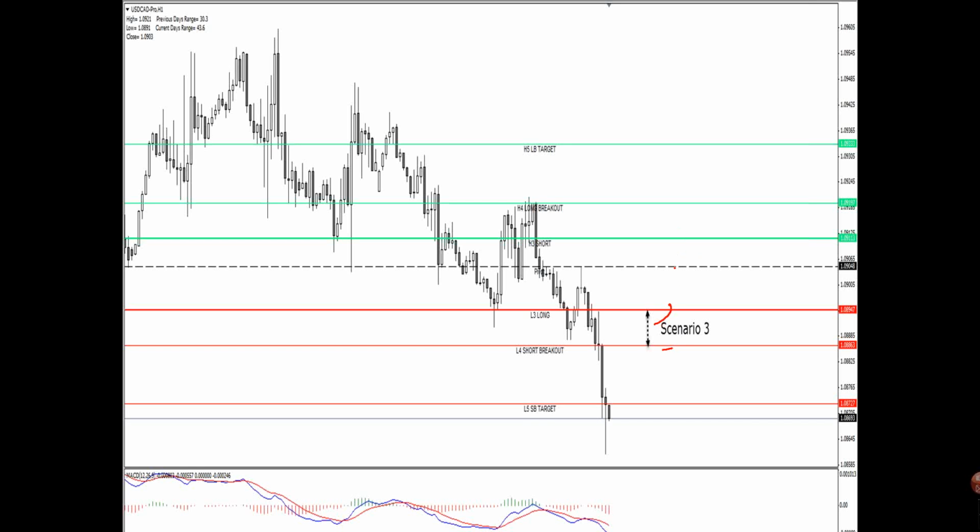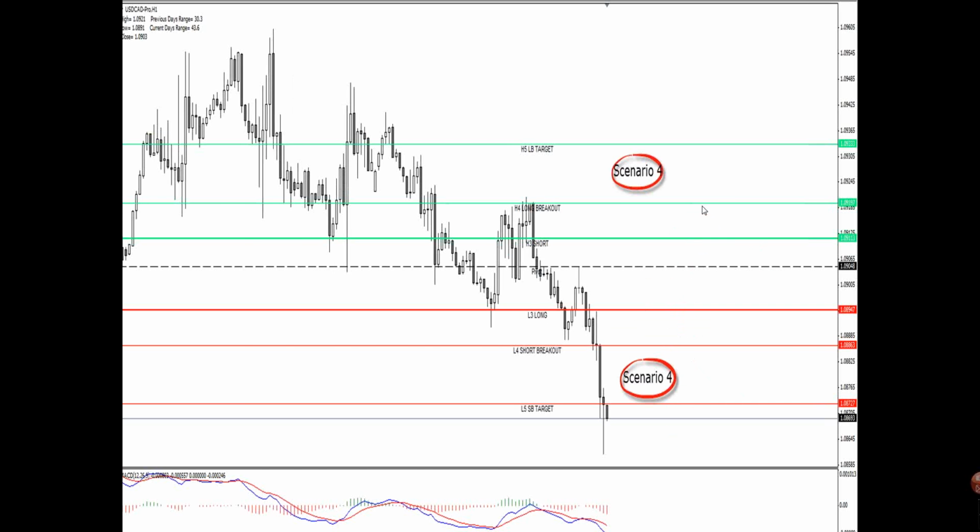First target is pivot point, second target is basically H3. For short sell, if it goes here and closes, you place your stop loss here, making the target this L5.